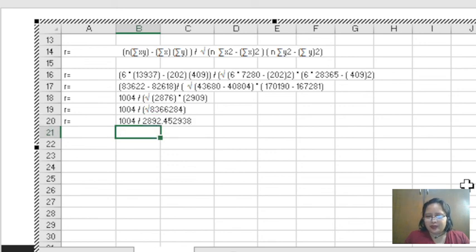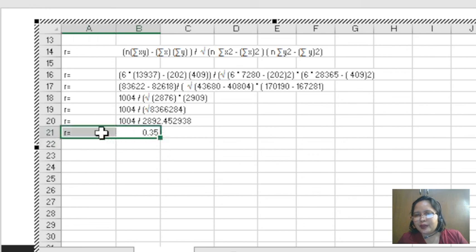Okay, so r is equal to 0.35. So the answer is 0.35.